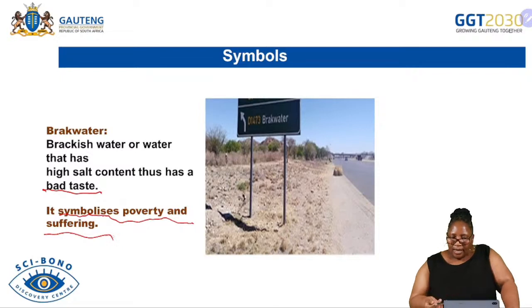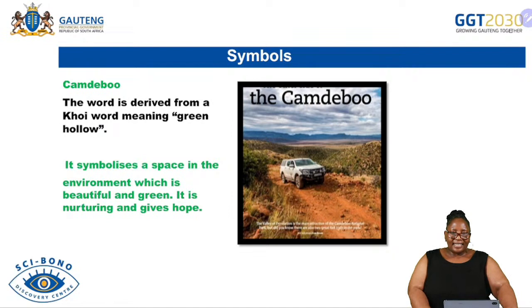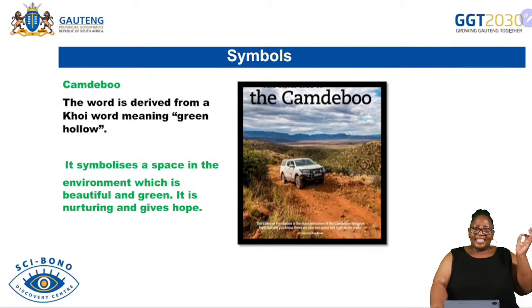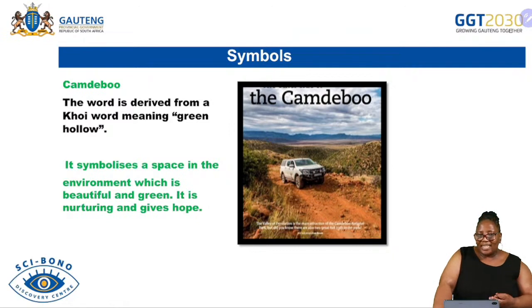That's the symbol. The next symbol is Kamdebu. Kamdebu is derived from a Khoi word meaning green hollow. Something greenish. You see the lush place, green.